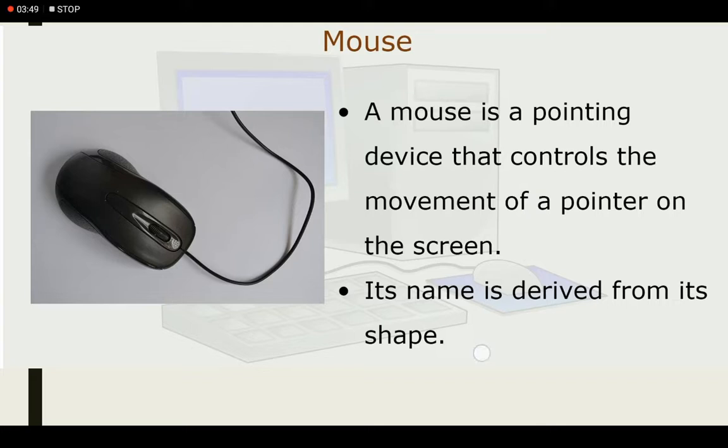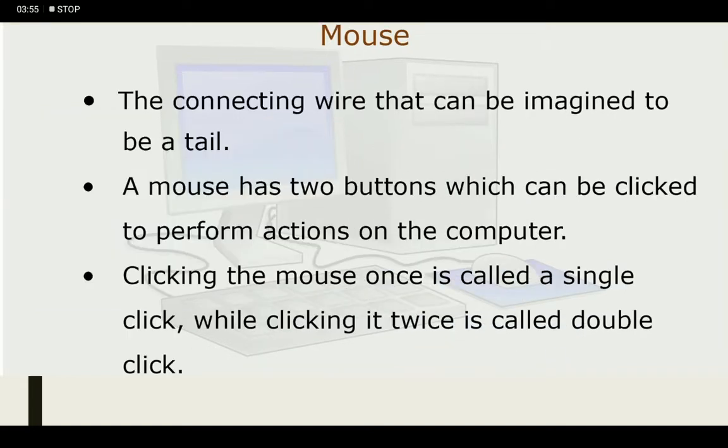So its name is derived from the shape. Its connecting wire can be imagined to be a tail. As the real mouse has a tail, in this mouse the wire is imagined to be a tail.